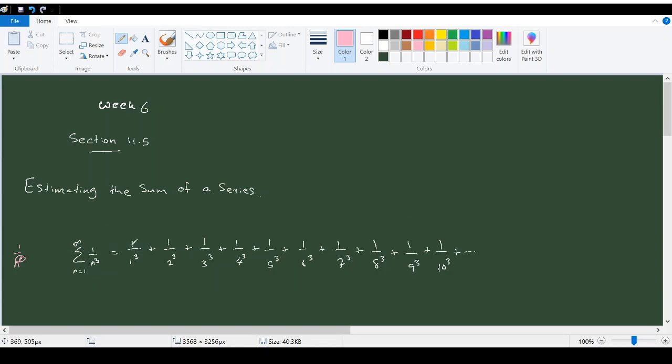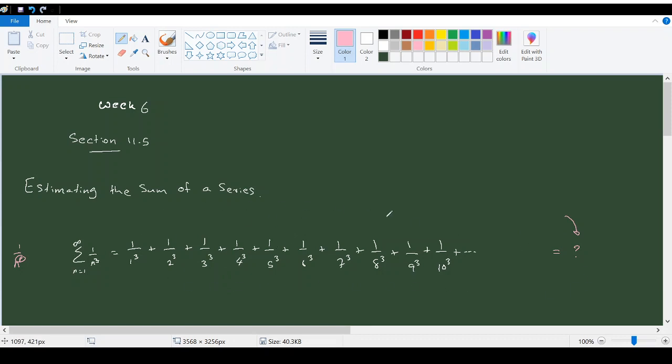But from those previous tests, it did not give you a method to find this finite value. We know that the total value of these infinite terms will be a real number, but we don't know what that number is. We only know that this one converges.